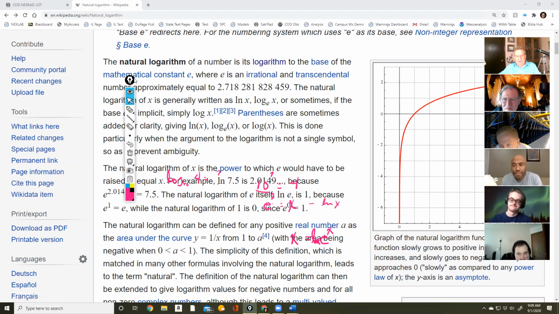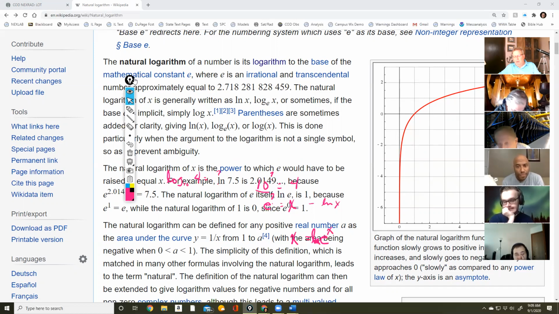but when I plug in that value of x at 1, what's the natural log of 1? 0. Well, the natural log of 1 is like saying e to what power is equal to 1, because here's x equals 1, right? So e to what power is equal to 1?